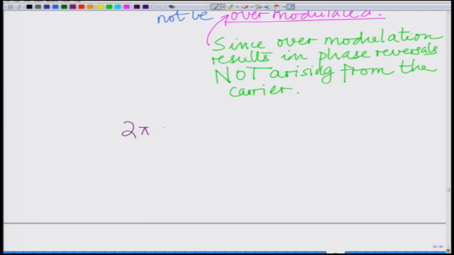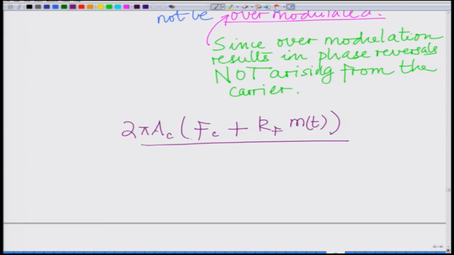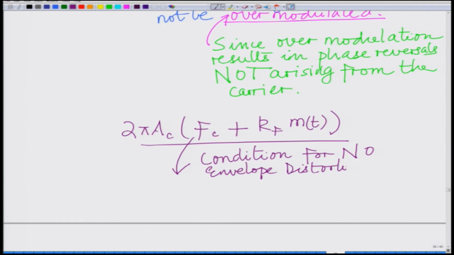Now, if you look at this signal, 2 pi AC times f c plus k f m t, the condition for no envelope distortion is that this has to be greater than 0, which implies f c has to be greater than or equal to k f times the maximum of the magnitude of m t.